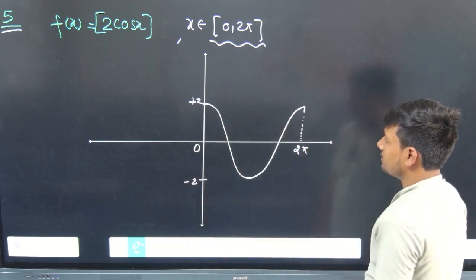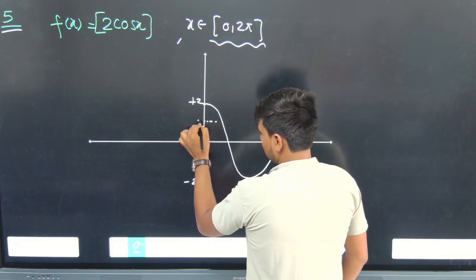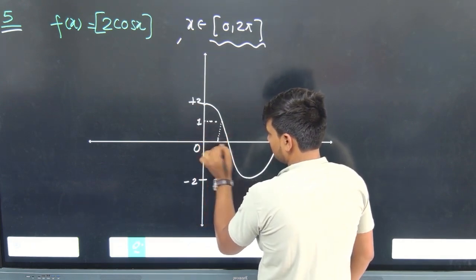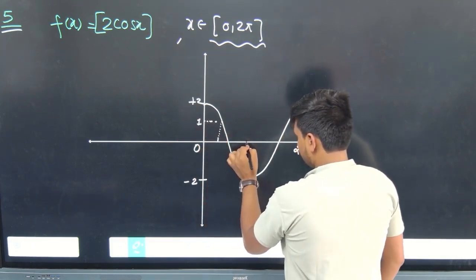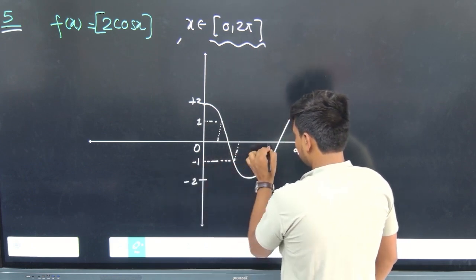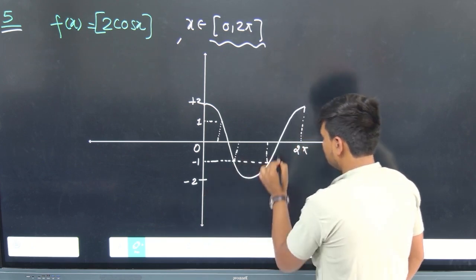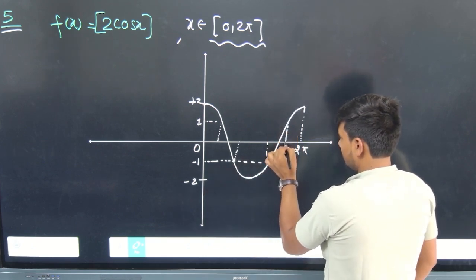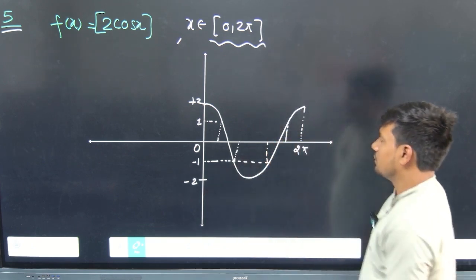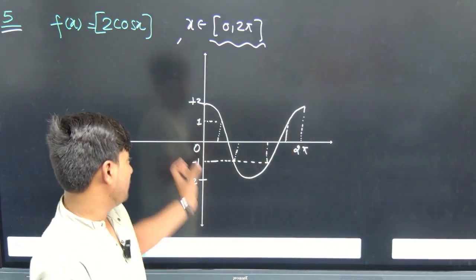So this graph is here, and this is 1, and this is minus 1, again this is minus 1, this is minus 2, again this is 1 and this is 2. So if you draw the graph, then we can find it easily, but we have to draw the whole graph.